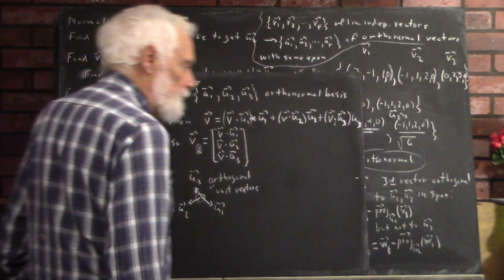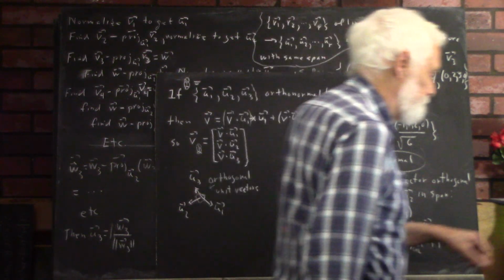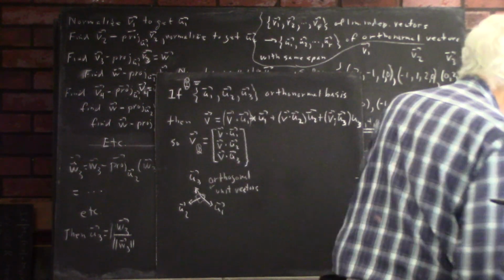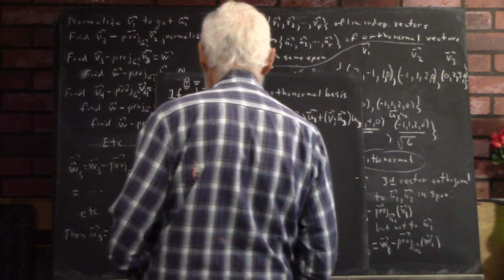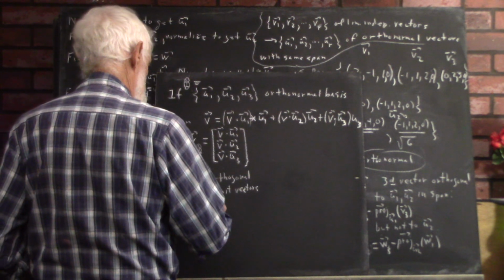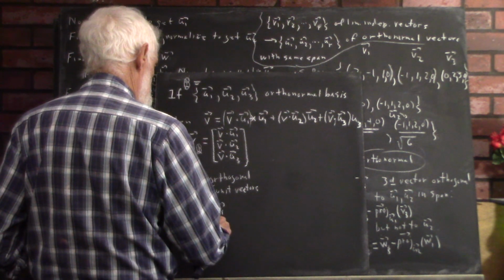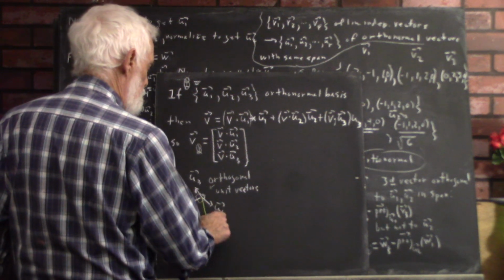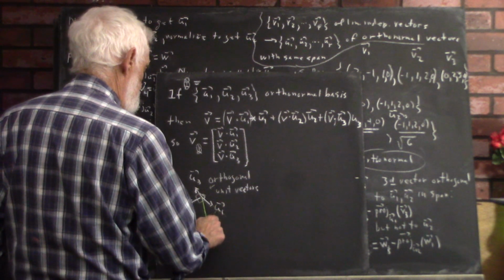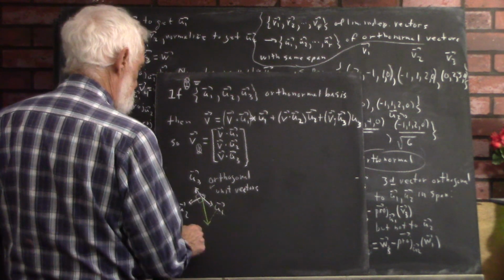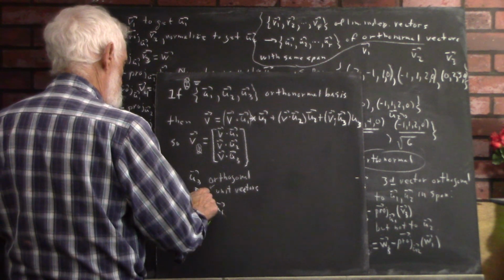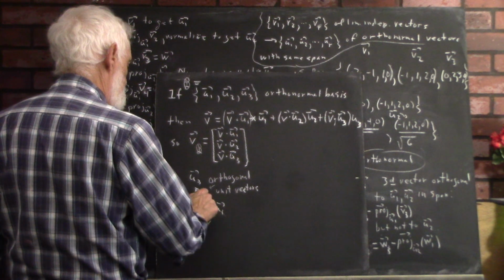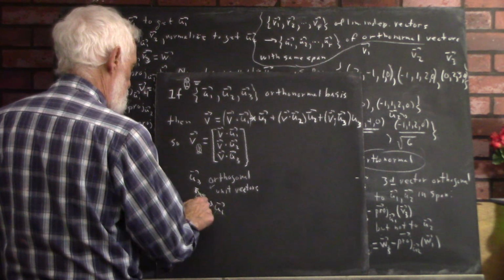And now we've got some vector v, and if v is projected onto u1, you get this component. V projected onto u2, you get a component here.